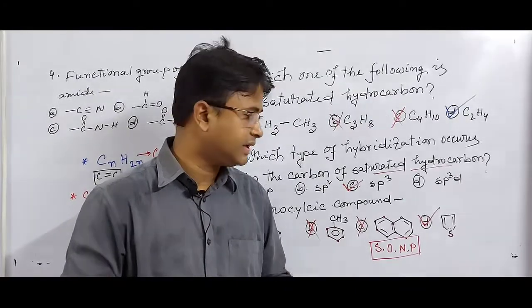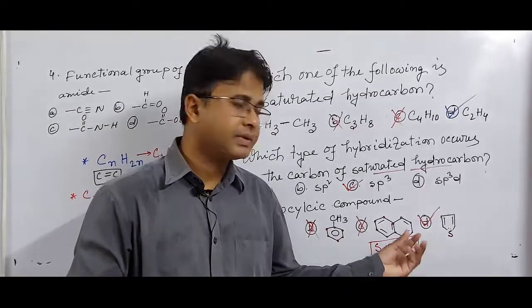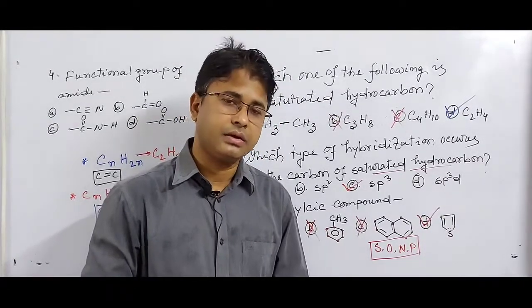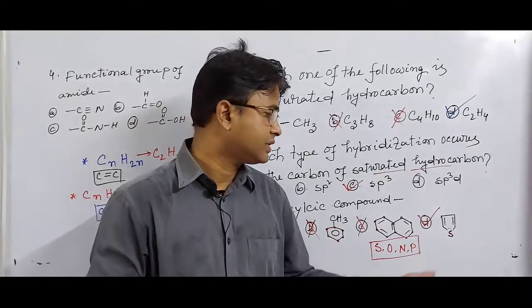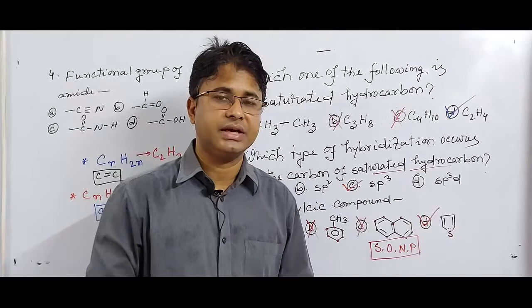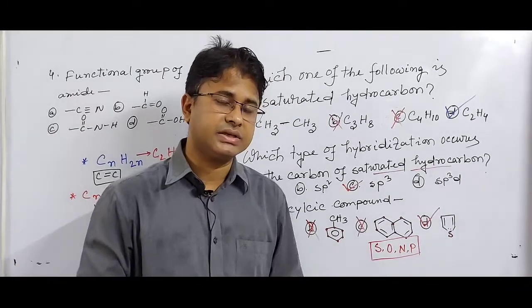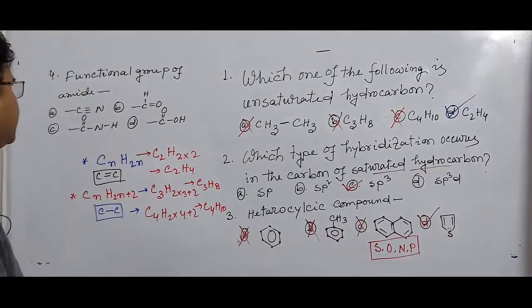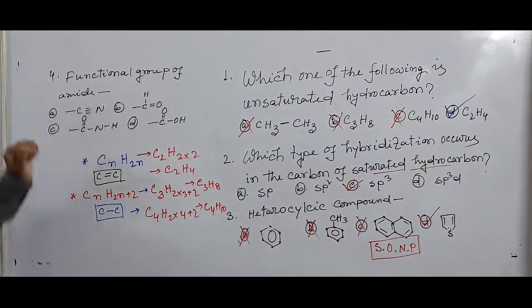It is stated that those atoms will be in the cyclic shape of the compound. So dear students, this is actually known as thiophene. Thiophene is a heterocyclic aromatic compound.